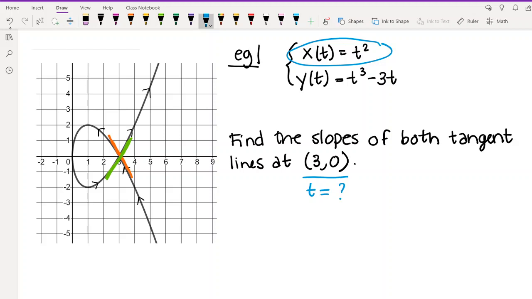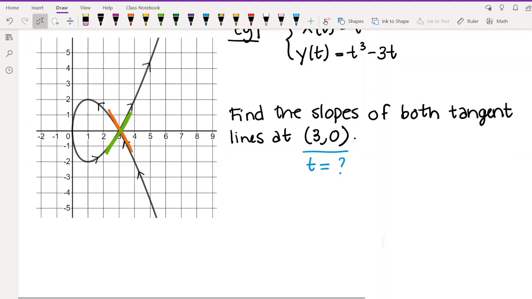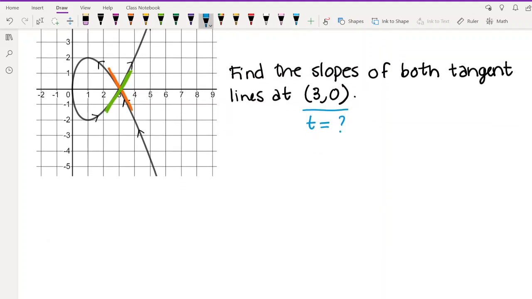So we know that the x coordinate is always going to be equal to t squared. So if we take the x coordinate here and say 3 is equal to t squared, that will tell us that t is equal to plus or minus square root of 3. And so the negative square root of 3, that's the first, right?